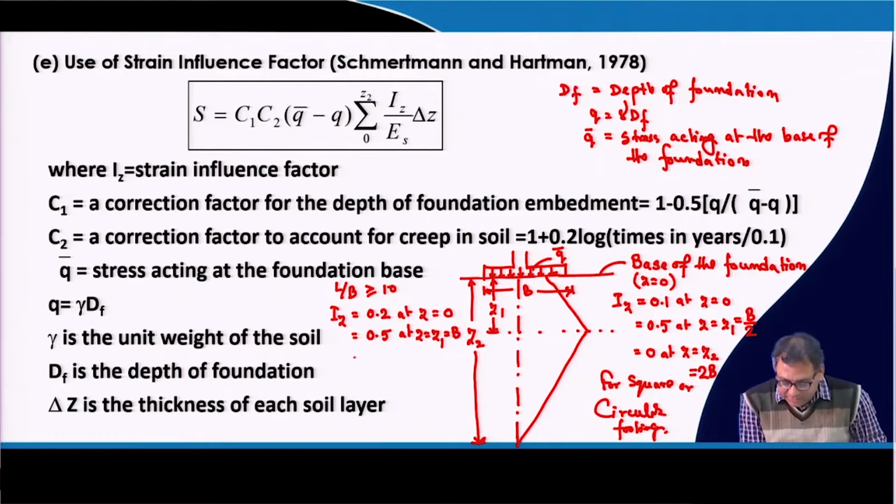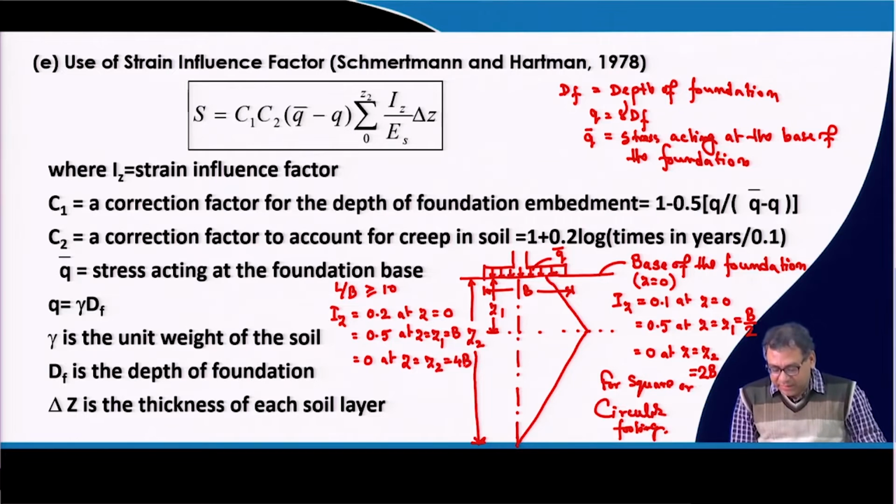And this is 0 at z equal to z2, and that is equal to 4b. So, again the maximum value is 0.5, but only the starting value here is 0.2. The influence zone is more in case of strip footing compared to circular or square footing, which is also true, because it has been observed that the influence zone of strip footing is more than the influence zone of square footing.